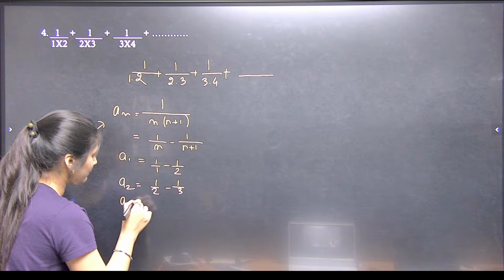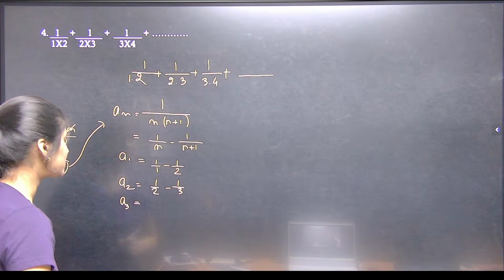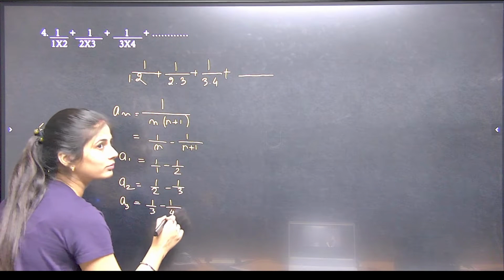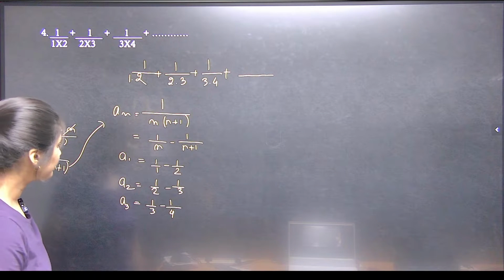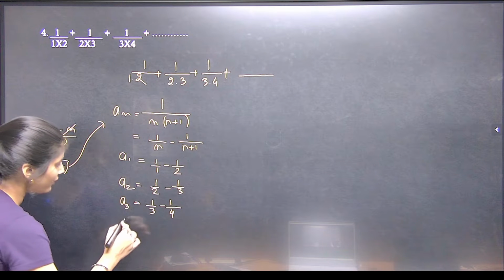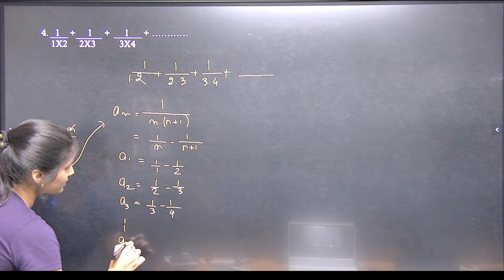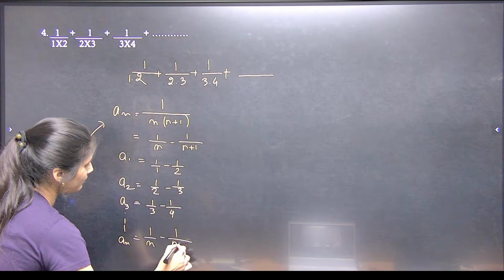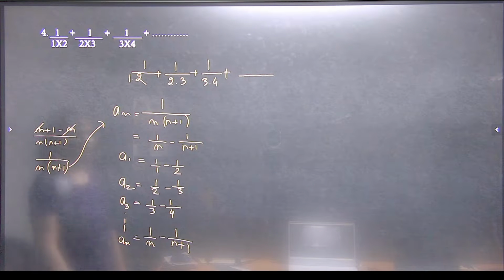Again for the third term, it is 1 by 3 minus 1 by 4. Okay, so this is the pattern. Now what is the nth term? 1 by n minus 1 by n plus 1.